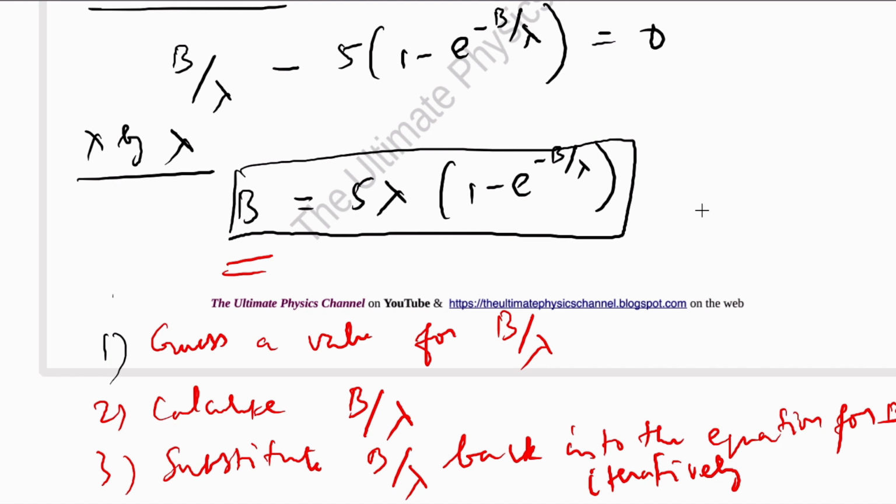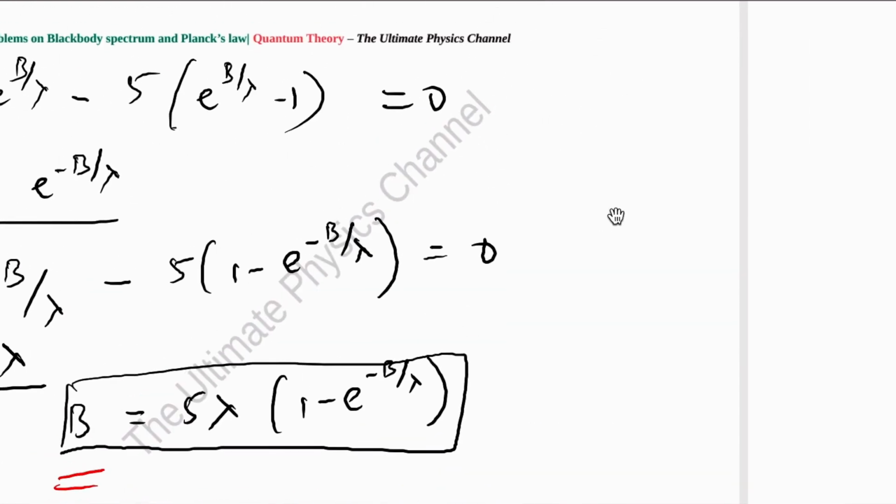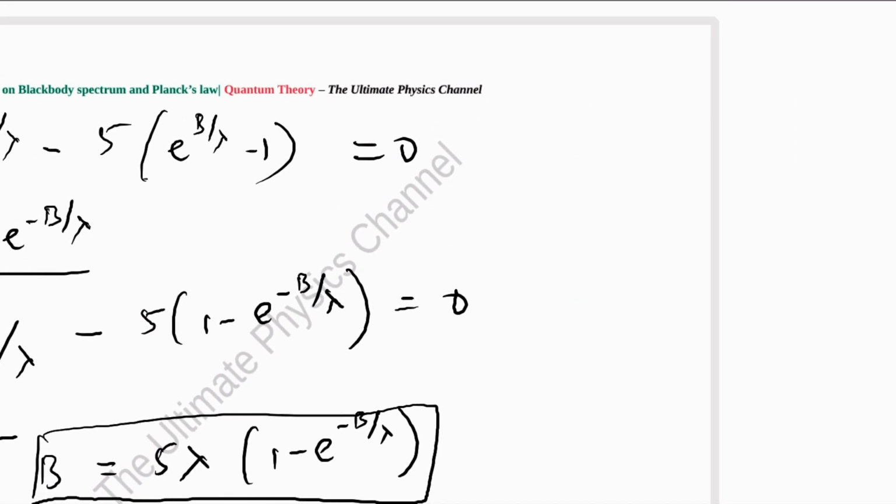Let me show that calculation here. First, let's say I start with a guess value for b over lambda of 5, right?